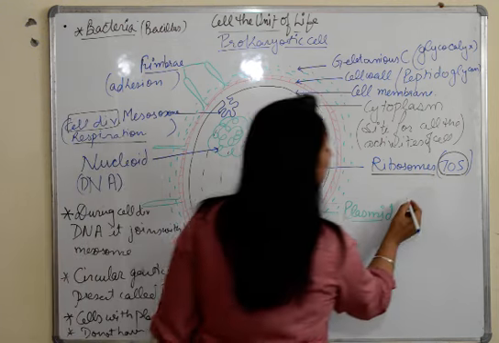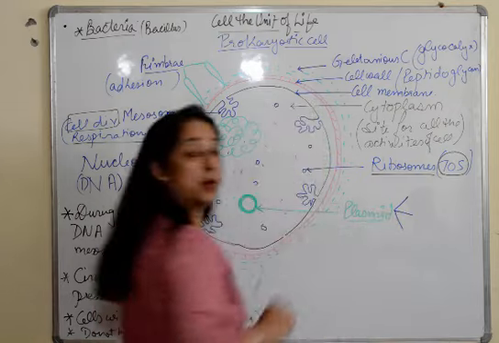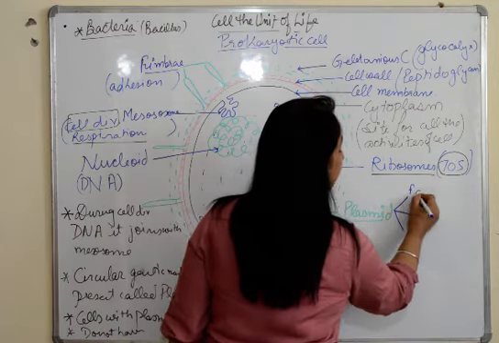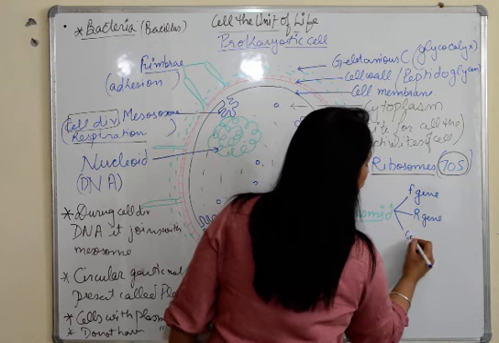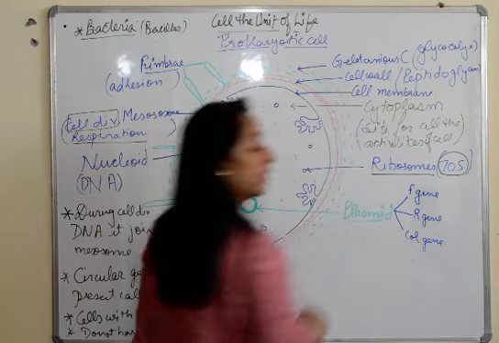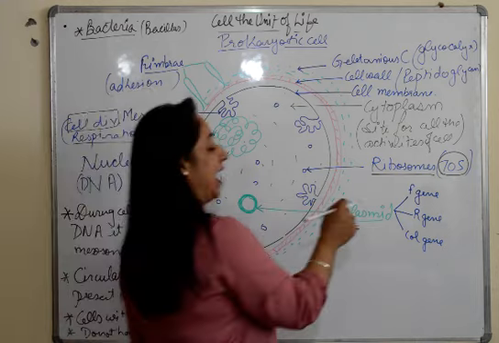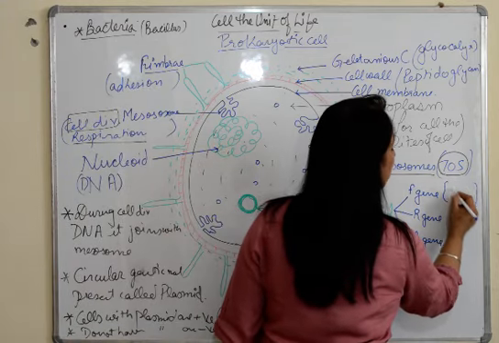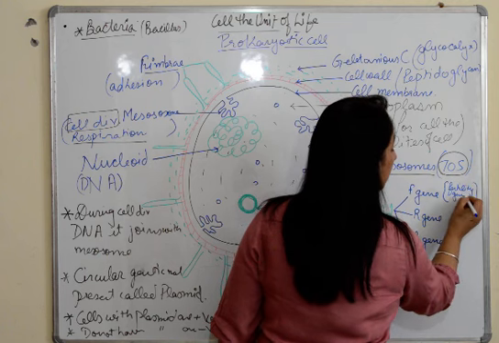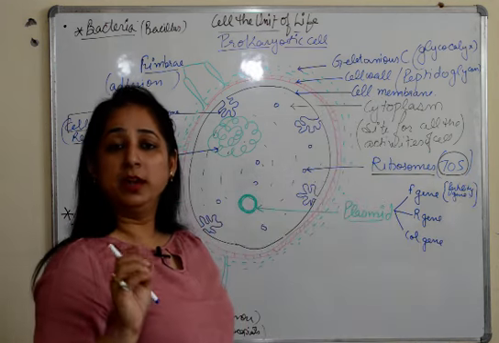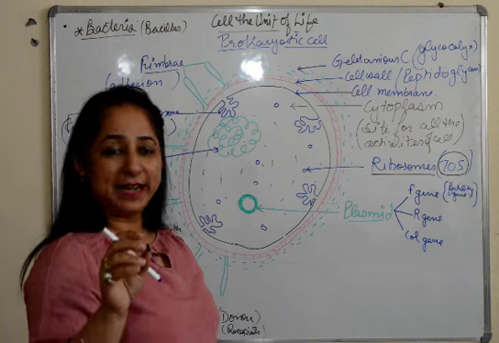Listen very carefully. Plasmids have three types of genes: F gene, R gene and Col gene. The plasmids which have F gene present in it, F is known as fertility gene. This gene is responsible for transferring the genetic material.